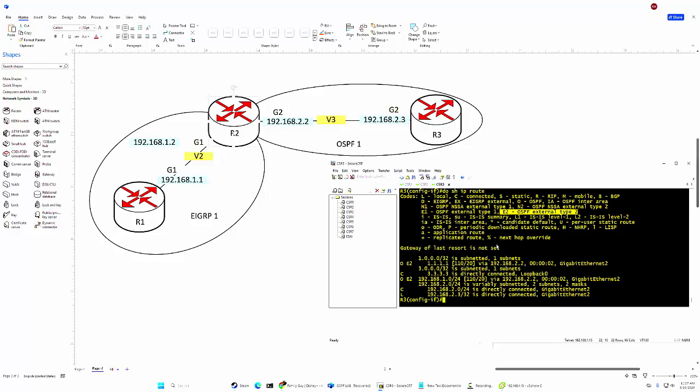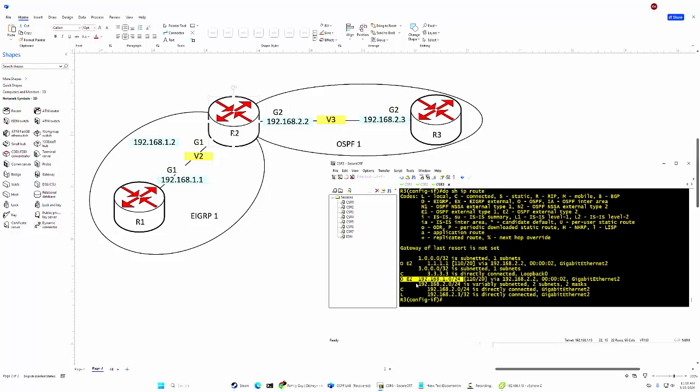If you want the metric to be calculated and changed as it goes downstream, then you would change them to E1 and your metric would change. Otherwise, they're all going to be 20 as a metric. But this is not an OSPF lesson. This is redistribution.